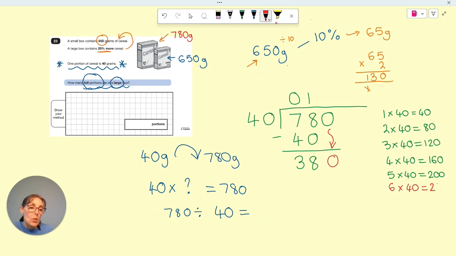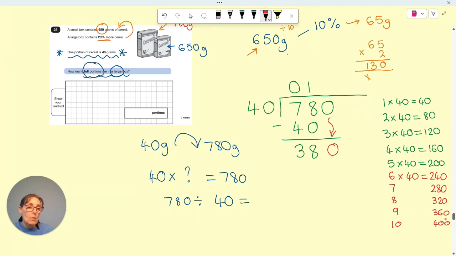So we've got 240, we've got 280, 320, 360, and then 400. So we've got 7 lots, 8 lots, 9 lots, and 10 lots. So it looks, whoops, let's go back.